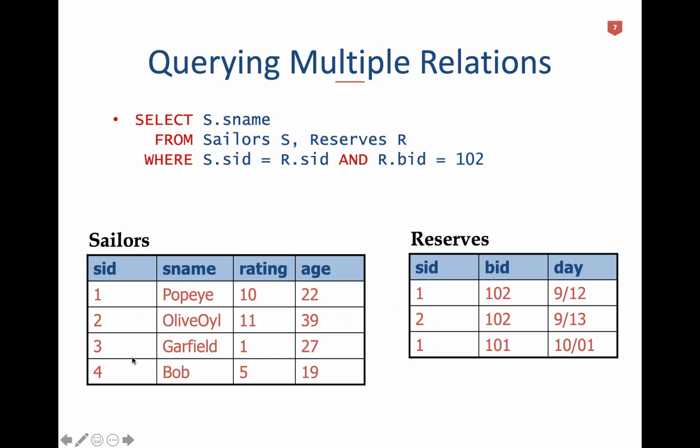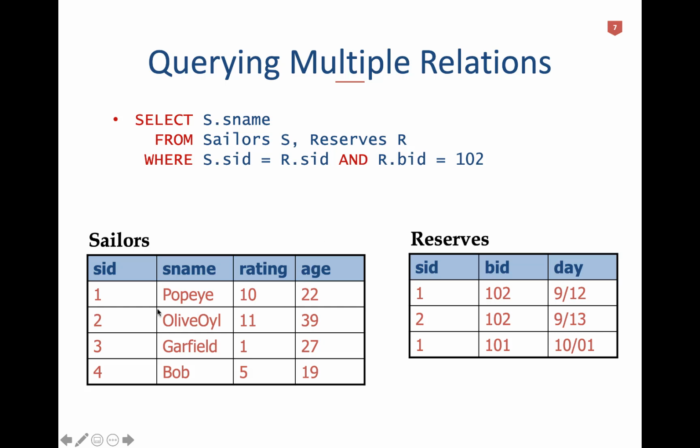For example, Bob's row here is combined with each of these rows, so one row in sailors will correspond to 4 rows in this query.